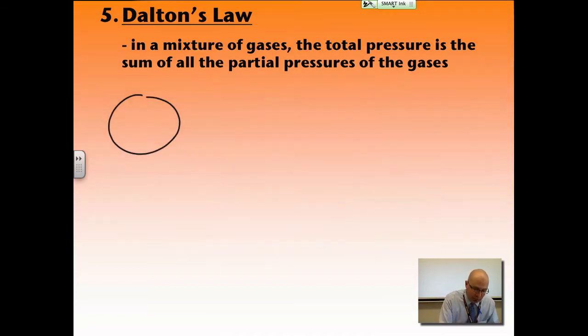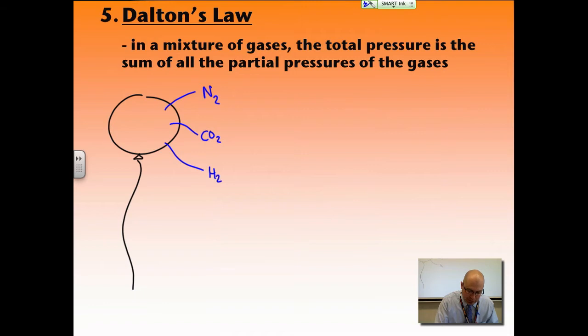So let's say we have a balloon. We got a little balloon that has nitrogen in it, and it has carbon dioxide in it, and it has water vapor in it, and how about some oxygen? It has 4 different gases. Well, if the nitrogen's pressure is 1.25 atmospheres, let's say the carbon dioxide is 750 mmHg.